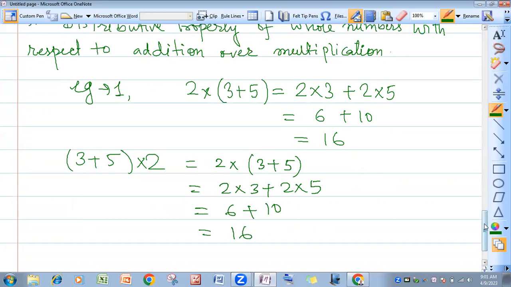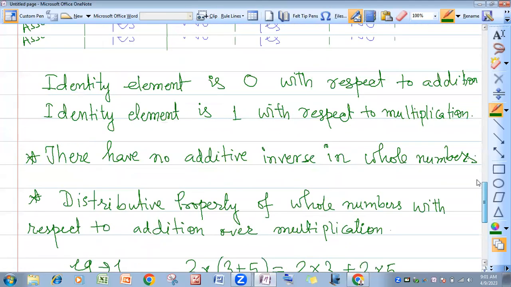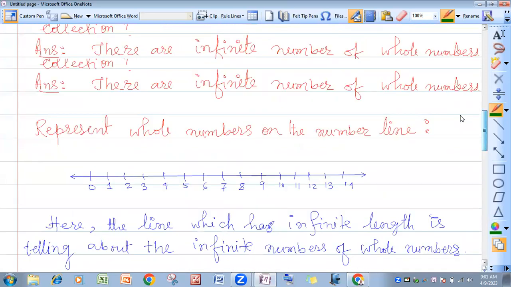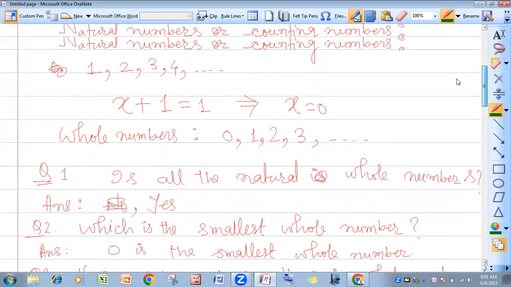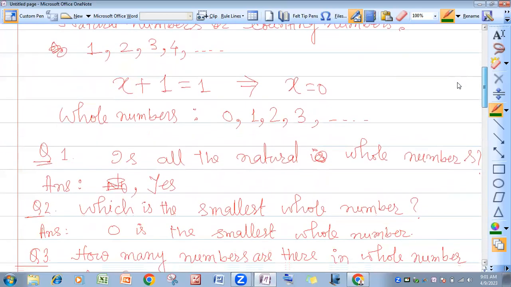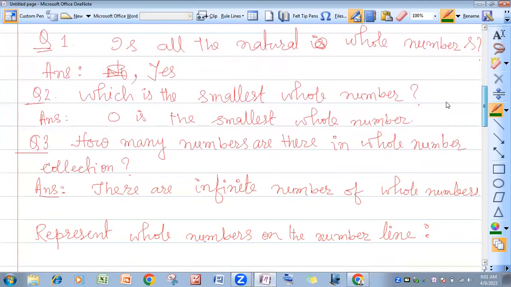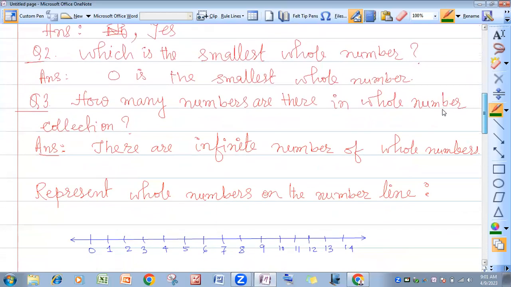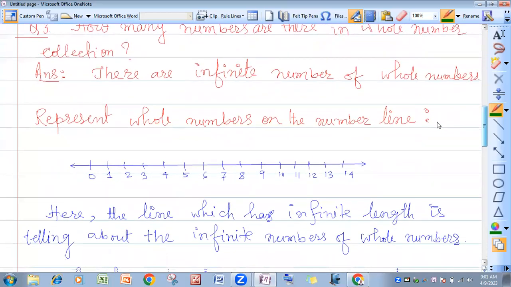So today's class is up to this only. We learned about whole numbers, about natural numbers and why whole numbers are taken, and that the smallest whole number is 0. How many numbers are there in whole numbers?